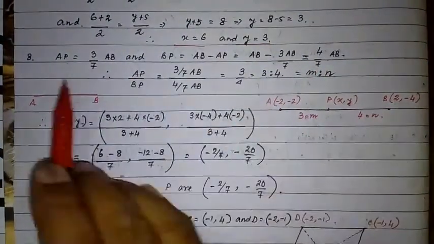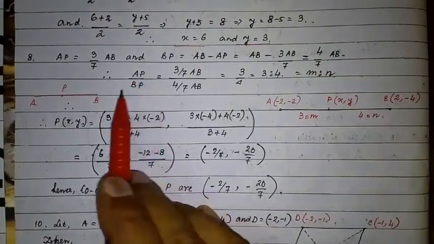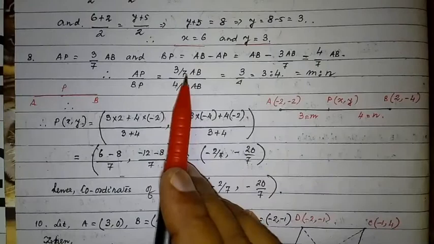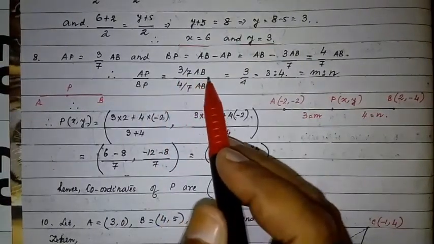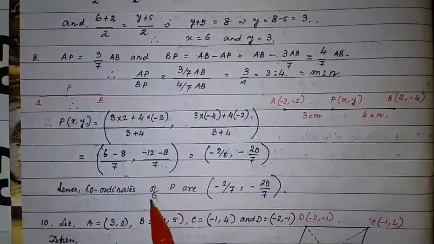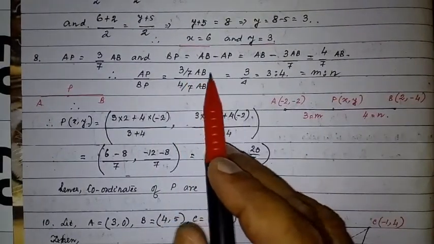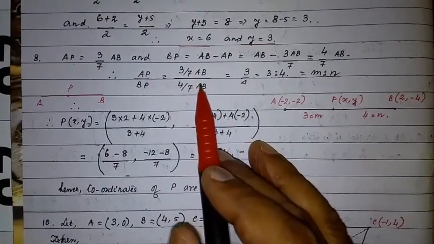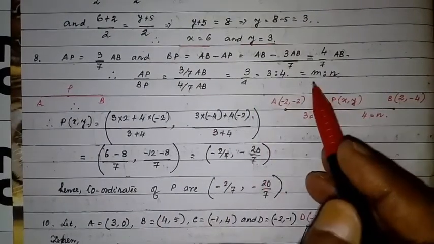So we have AP by BP. AP by BP is equal to, now AP means 3/7 AB and BP means 4/7 AB. Therefore, AB cancelled, denominator 7 cancelled, so 3/4. That is 3:4, which is equal to m:n.